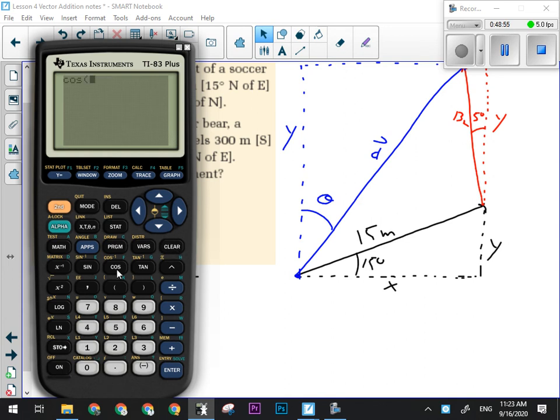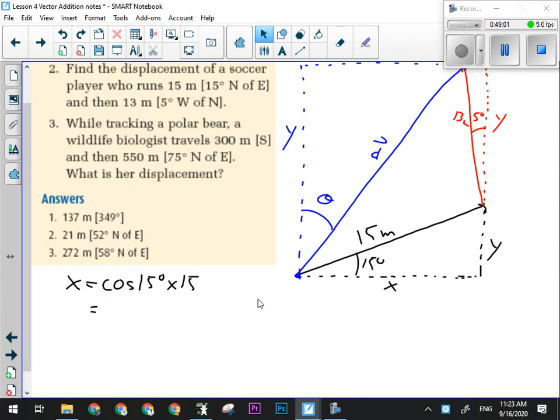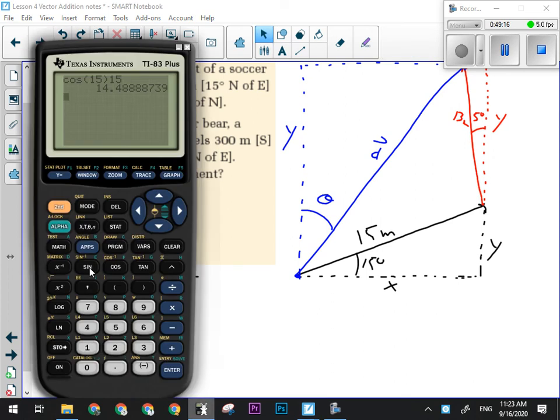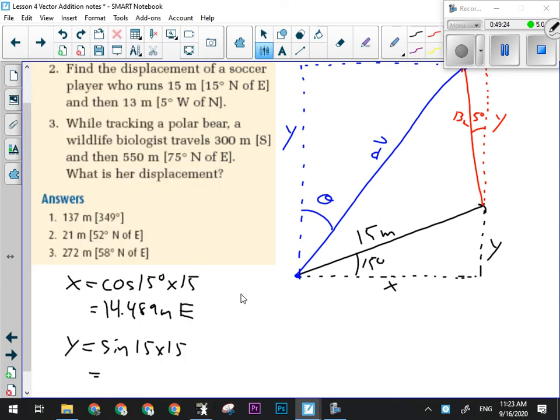So cos 15 times 15, and that side is 14.489 meters east. Black y is the opposite side, so it'll be sine of 15 times 15. We get 3.882 meters north.